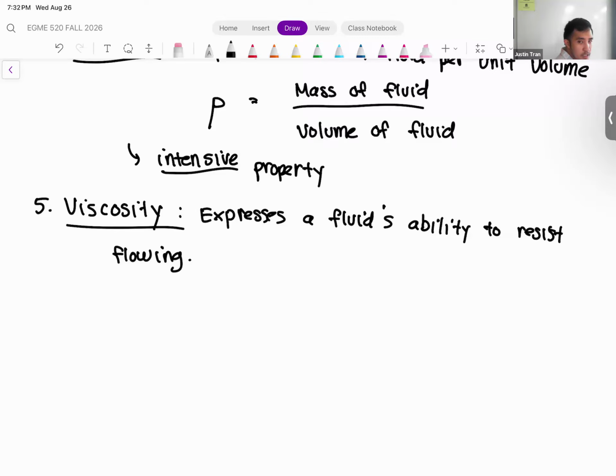Another way to think of viscosity is that it plays the same role as friction. All the intuition and understanding that you have about friction from your previous classes in solid mechanics or basic physics, viscosity plays that same role.